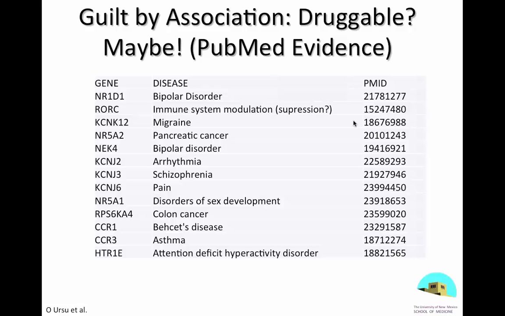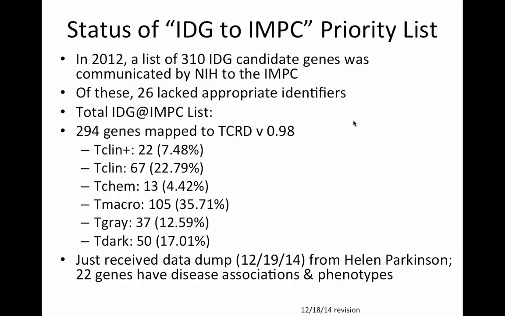IDG also collaborates with the International Mouse Phenotype Consortium. So about 2 years ago, NIH gave a list of 300 such genes to IMDC. And then it turns out that if you map them to our own prioritization system, about 60% of them fall into the category that we don't know much about, so between T-dark and T-macro.